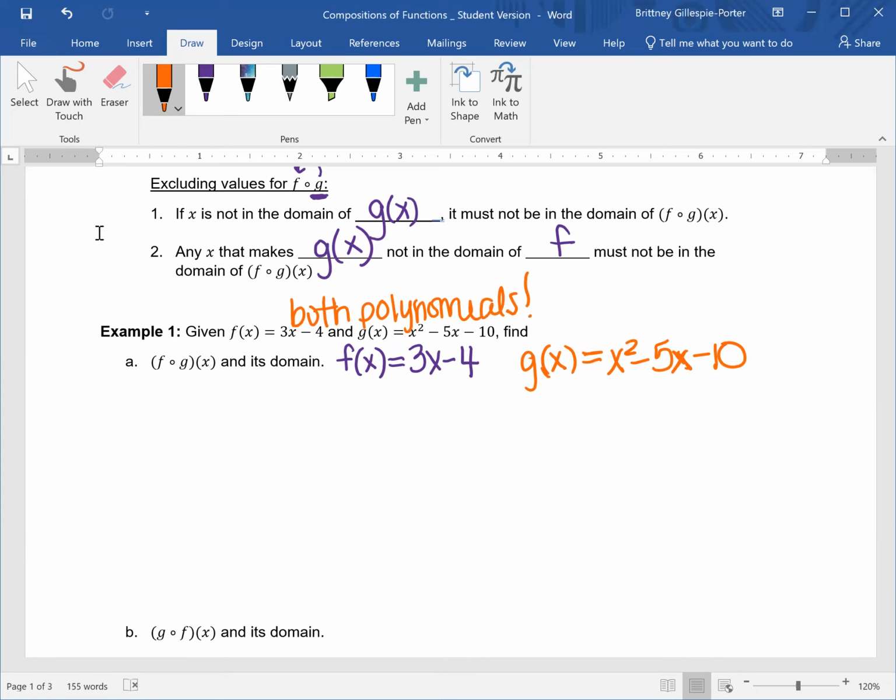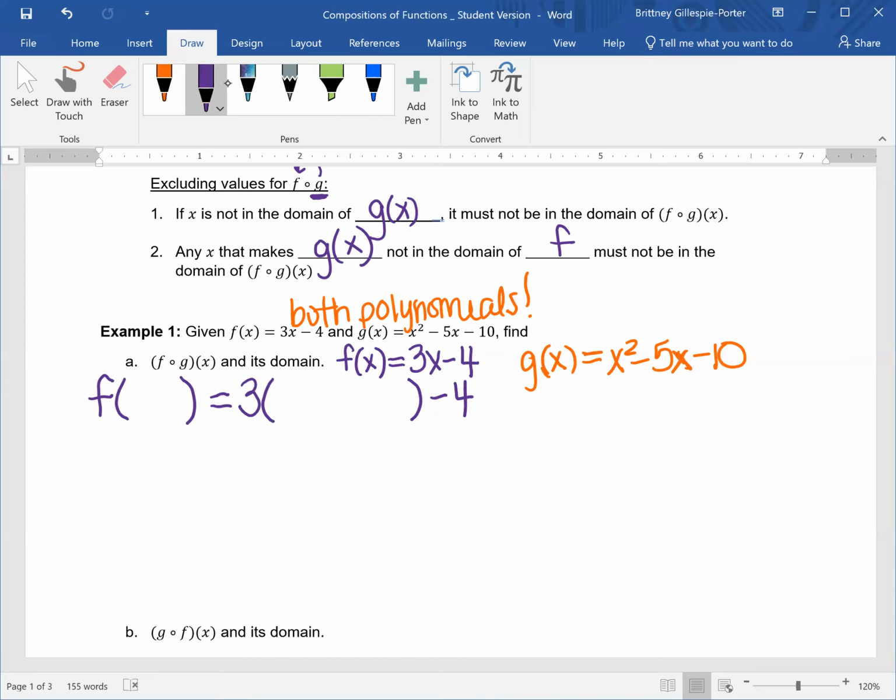All right, let's find f composed with g. And again, I'm going to do some color coding. So f composed with g, or fog, means that we are going to have f of x, but instead of f of x, I'm going to erase it because we're going to plug some stuff in, is equal to 3, instead of x, we're going to have something that we plug in, minus 4.